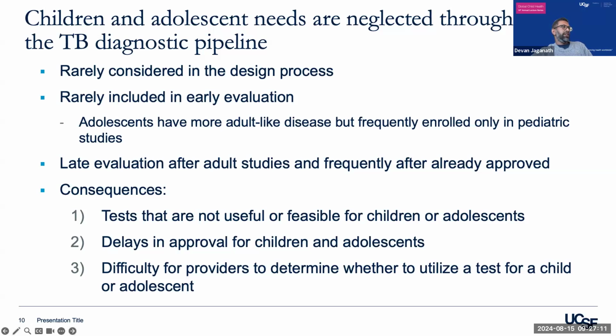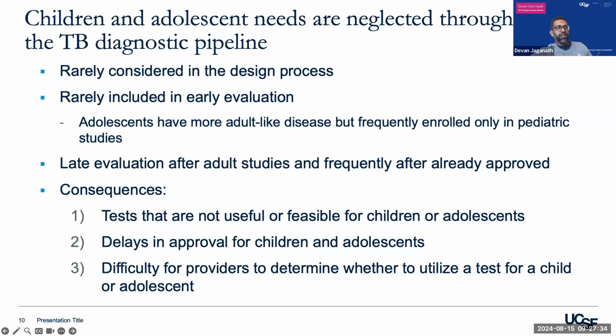And then oftentimes, as we saw with Xpert and plenty of other examples, the evaluation in children usually occurs only after the adult studies have been done, and frequently after it has already gone through a regulatory approval process. And then the thought is, well, let's try it in children and see if it works. And so what are the consequences?